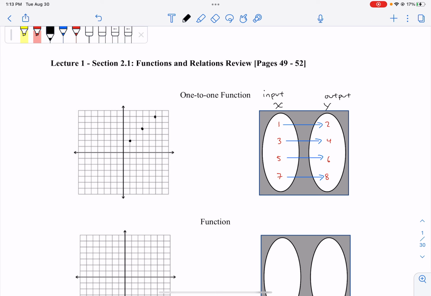There you are. And if you would like to connect them, that's okay as well. There you are. Okay. So that is the definition of a one-to-one function, where every input has a unique, and by unique I mean individualized, output.